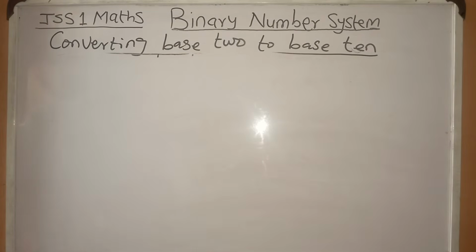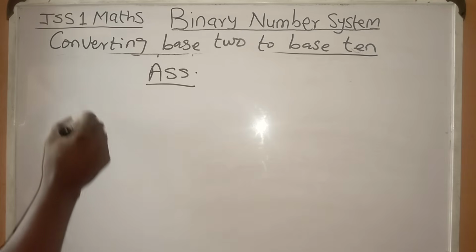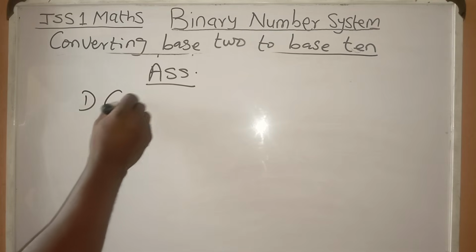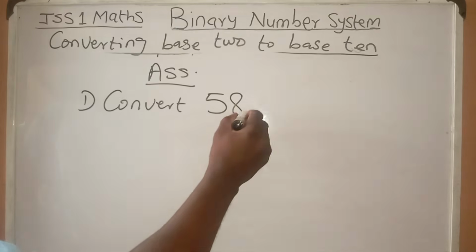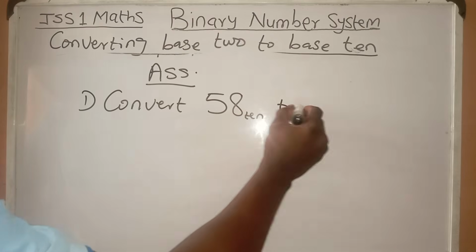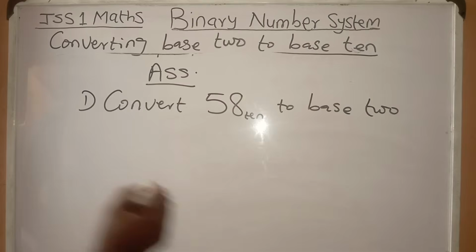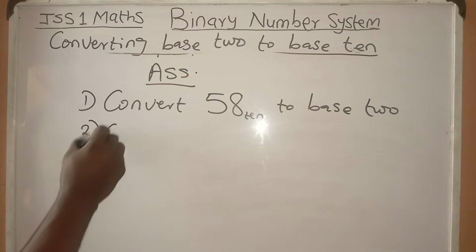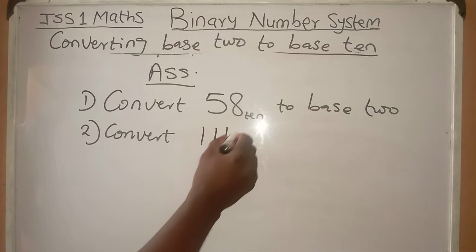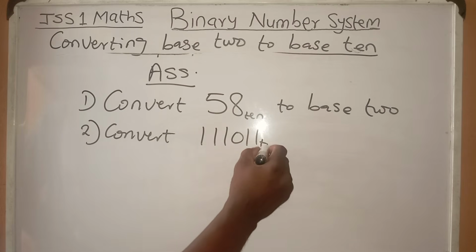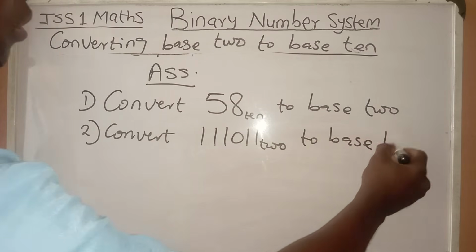So the assignment we have: assignment number 1, convert 58, which is in base 10, to base 2. Number 2, convert 111011 base 2 to base 10.